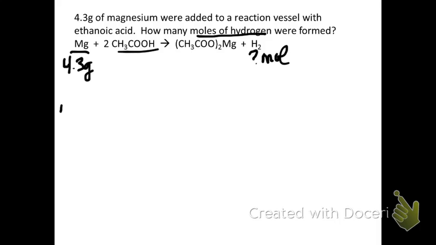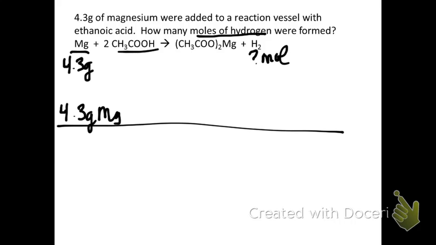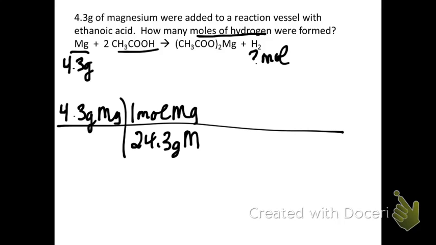Start with your given. You were given 4.3 grams of magnesium. Get to the mole. 1 mole of magnesium by using molar mass. The molar mass of magnesium on the periodic table is 24.3 grams. Then mole ratio.